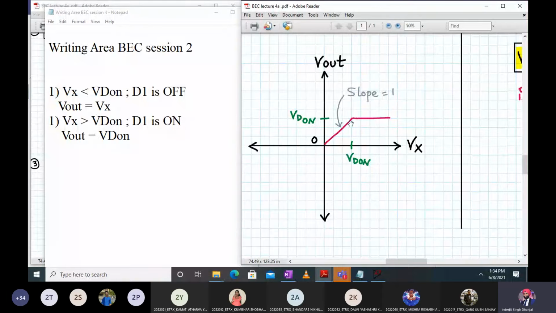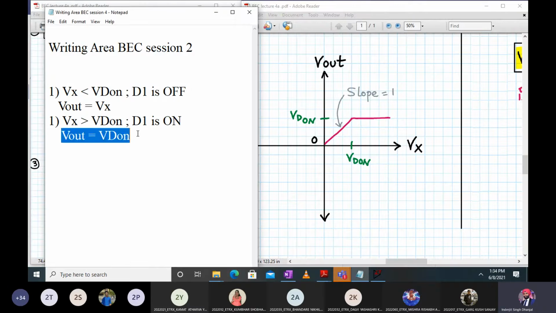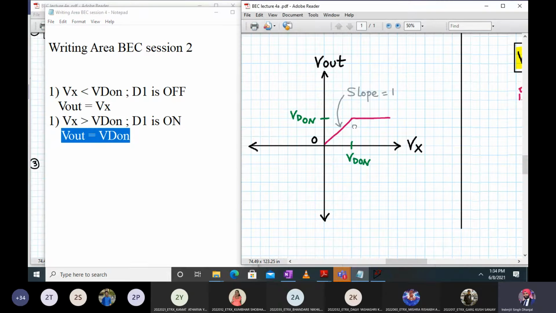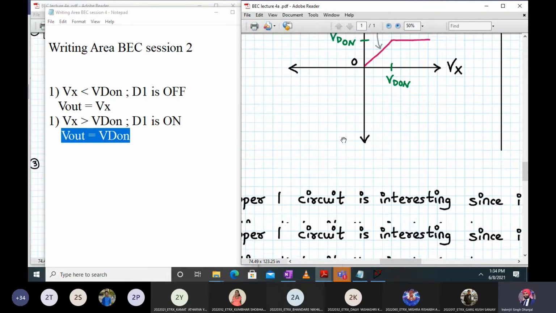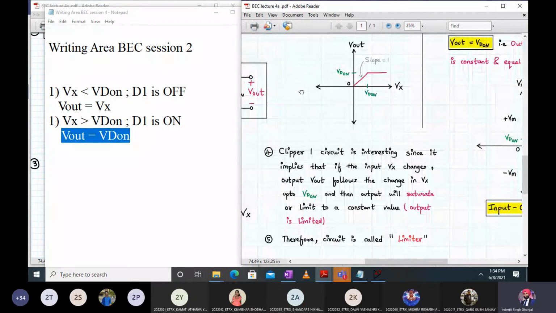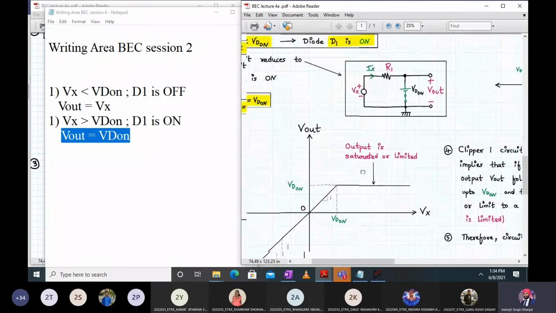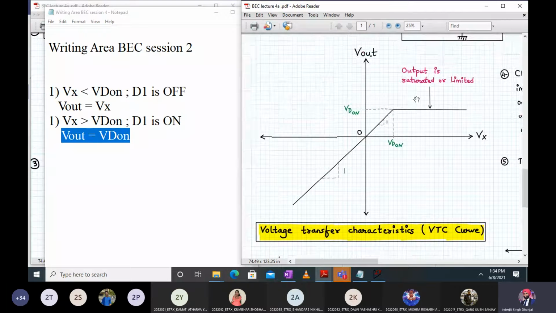So we have a straight line over here. But then it will become constant, because the diode has turned on, and my output voltage remains constant at the Vd on value, which is around 0.7. Everyone following? And if I combine these two graphs, I will get something like this.